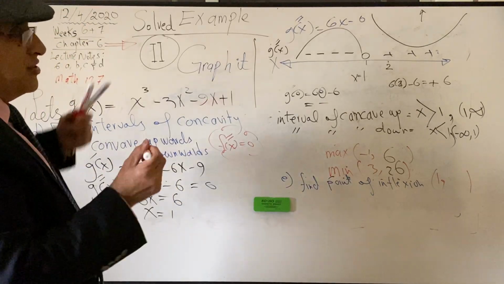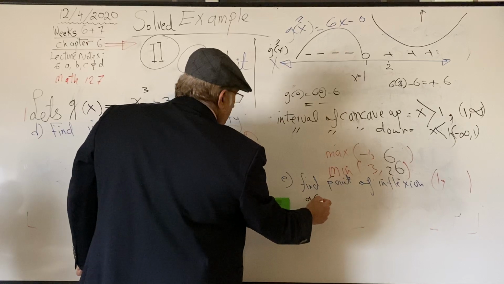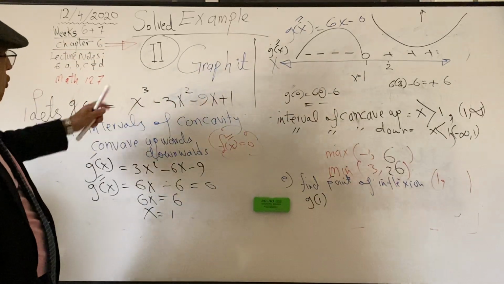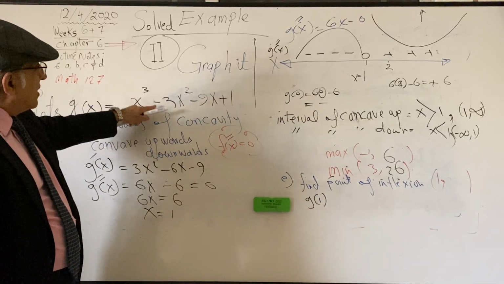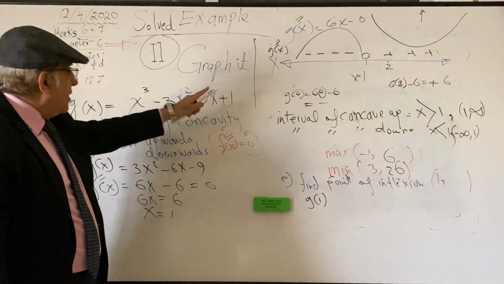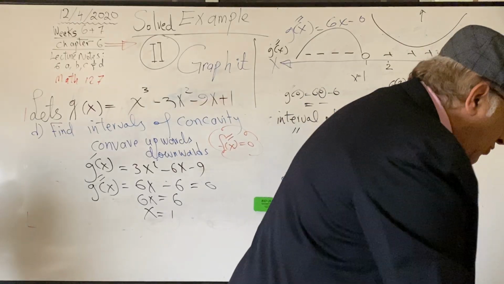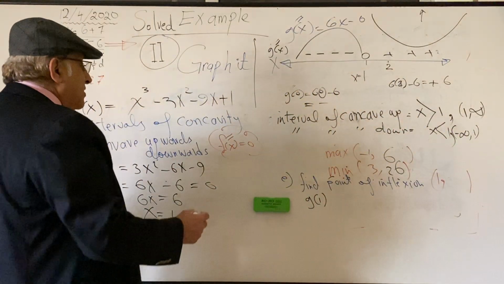Go back to the original function. Some people say, I forget. Don't forget, you had this in math 1. Plug in the 1 in the original function. So 1 cubed is 1. Minus 3 times 1, minus 9 times 1, and minus 3. 1 and 1 is 2. And minus 12, it's a minus 10. Am I right? Let's see, because sometimes I do stupid mistakes. Yes, actually, it's minus 10.